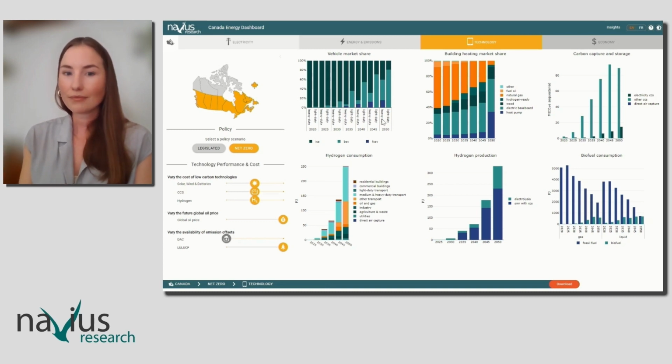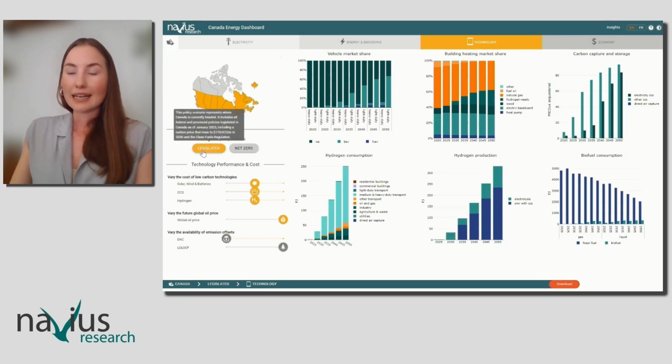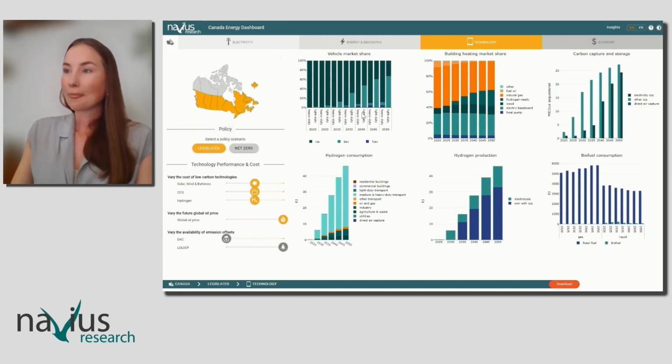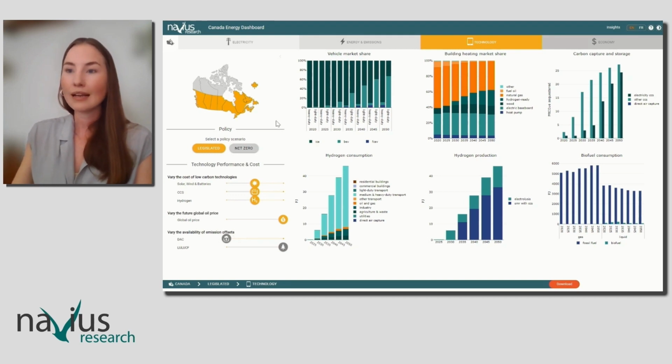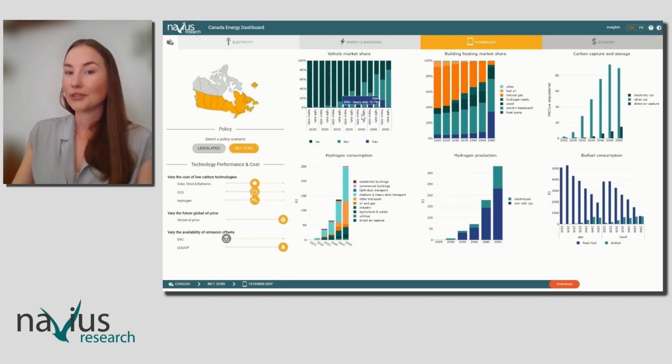So looking at light duty vehicles first, we see that under legislated policy, battery electric vehicles are making up about 67% of total light duty market share in 2050. Under net zero policy, there is greater incentive to electrify transportation to reduce emissions.